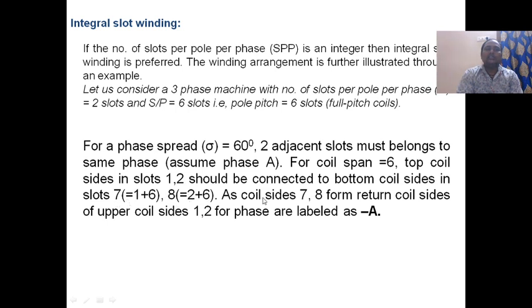Coil sides 7, 8 form the return coil sides of the upper coil sides. That means if slots 1, 2 belong to phase A, definitely slots 7 and 8 belong to minus A. Based on this assumption, we can make the integral slot winding.